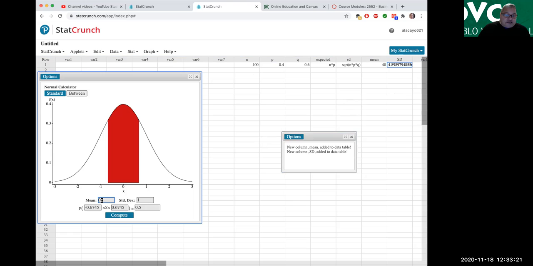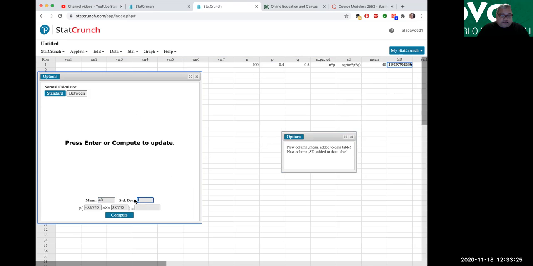So now I'm going to change the mean to 40 in the calculator, and I'm going to change the standard deviation to 4.898979, just to be super precise. Sorry about the comma there. I'm going to put a period because it's the decimal.